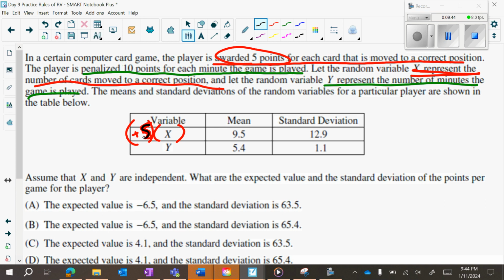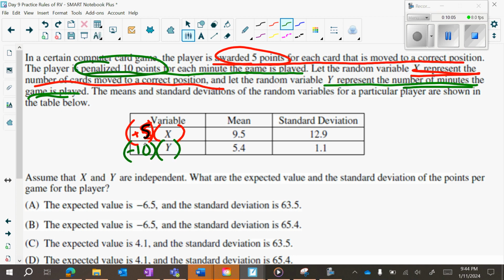And then it says, so now let's say you're playing your video game and you get docked by how long it takes for you to play the game. So the number of minutes that it takes you to play is going to be multiplied by -10, because you're going to be penalized 10 points for every minute that you play. So we're going to multiply the y by -10, okay?